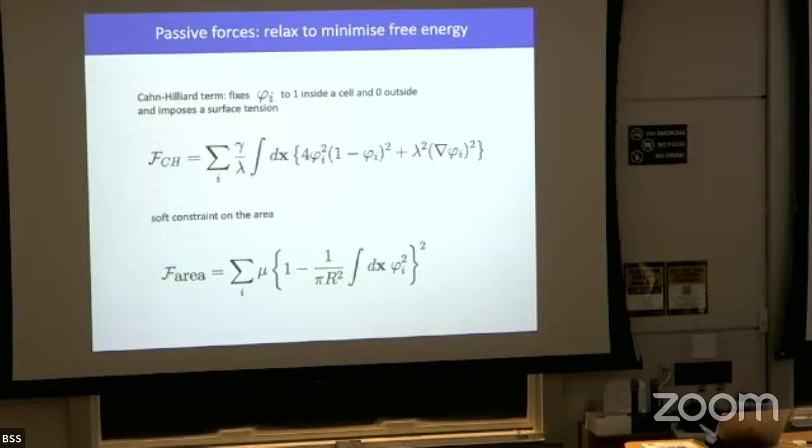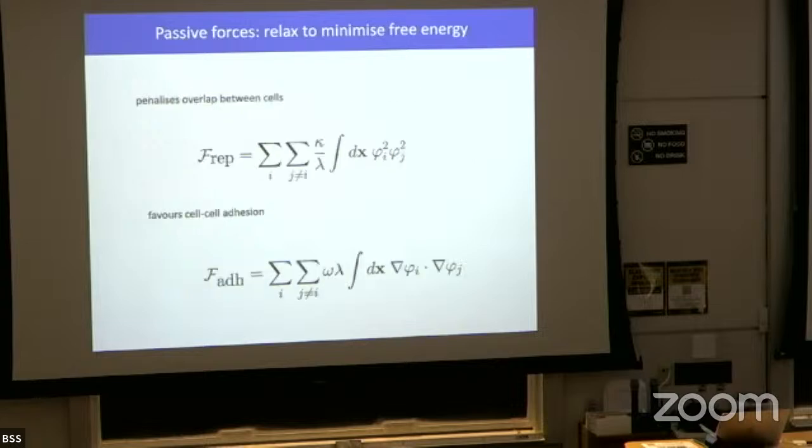And by putting on this rather nasty term, it just says that this is essentially a constraint on the area. So the area isn't allowed to change much from some sort of preset area. Makes sense, right? Cells don't suddenly get huge or tiny. Well, they do, but not to a first order. And then we have a term which says the cells don't want to overlap too much.